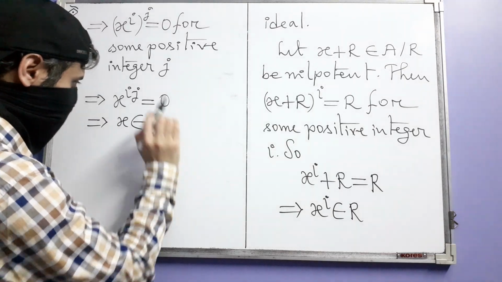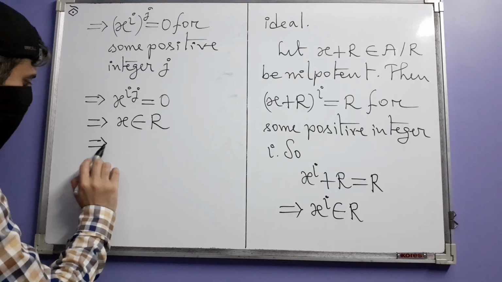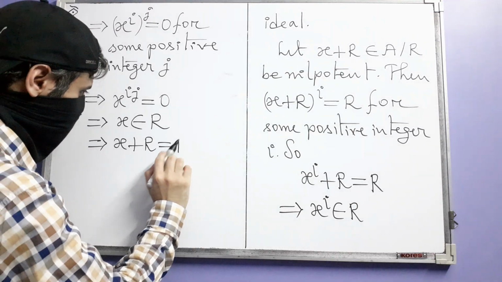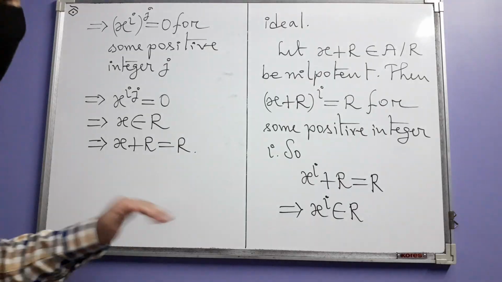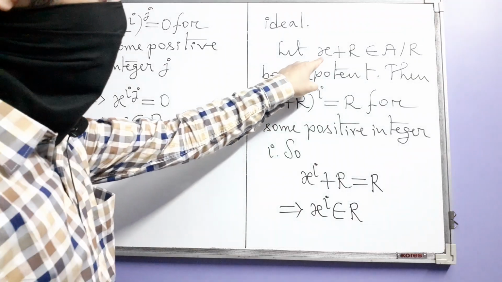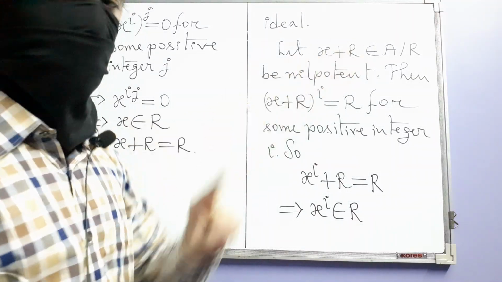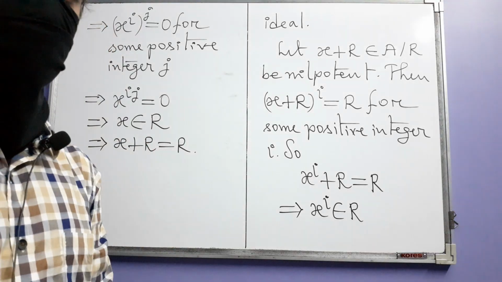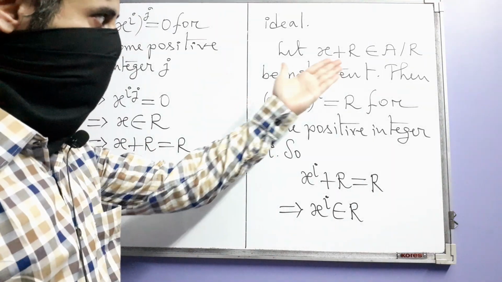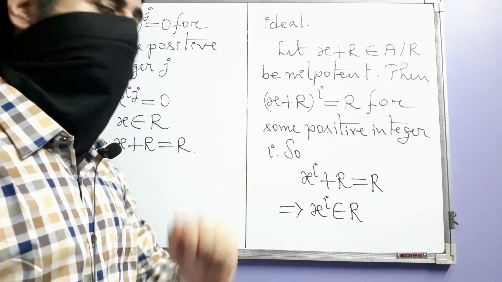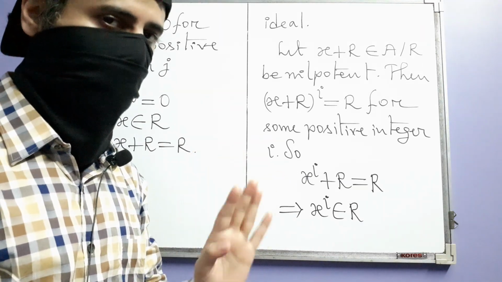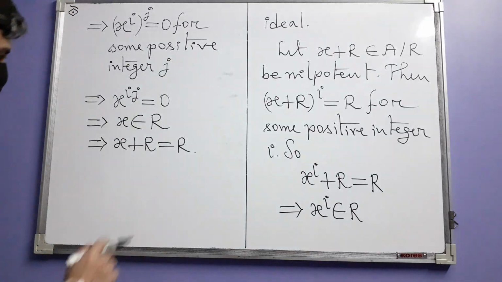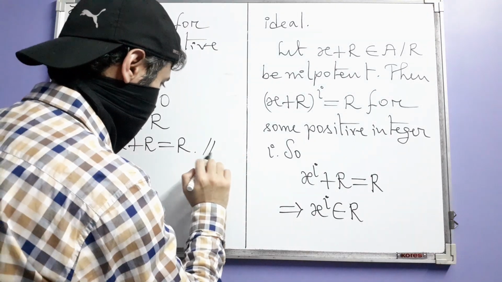That means x belongs to R. But if x belongs to R, then the quotient x plus R has to be equal to R. So what have we shown? We have shown that if you take a nilpotent element in A slash R, that is nothing but the zero element. And that is why we said that this ring has no non-zero nilpotent element. Zero, of course, is always a nilpotent element, but besides that, there is nothing else. So that is the proof.